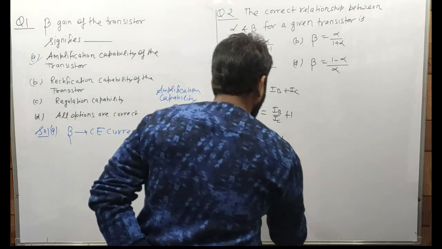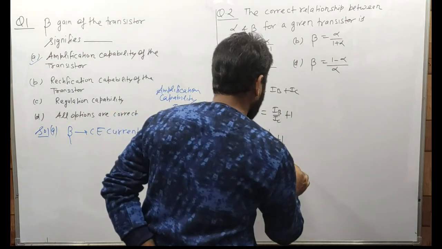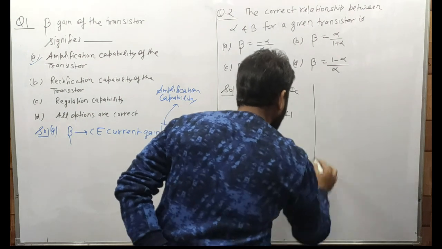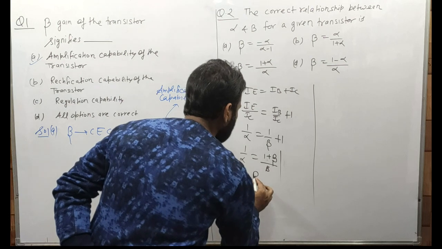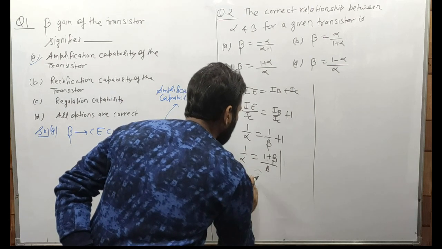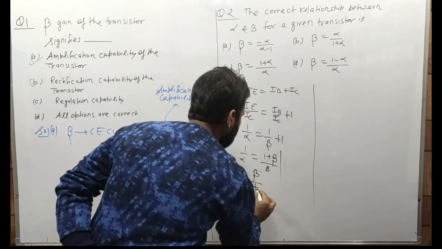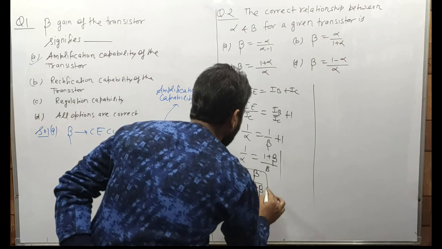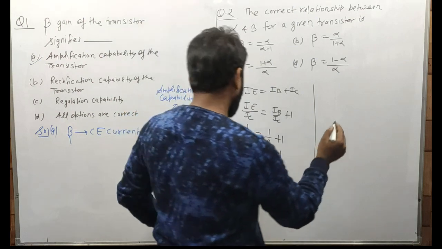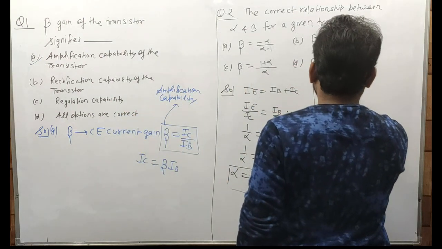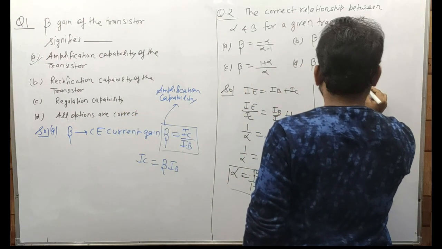Clear यहाँ तक? From that we can write alpha is equal to, here I just write alpha equals beta by 1 plus beta. Clear hai yaar? Now but they have given the relation in terms of beta. Okay, no problem. So just cross multiply: alpha plus alpha beta equals beta.